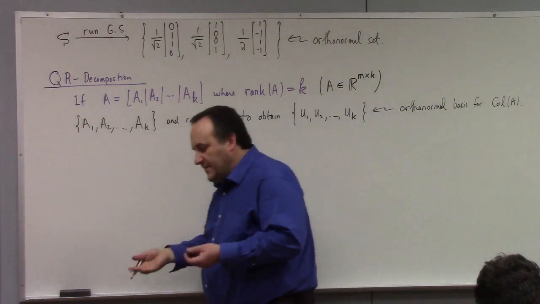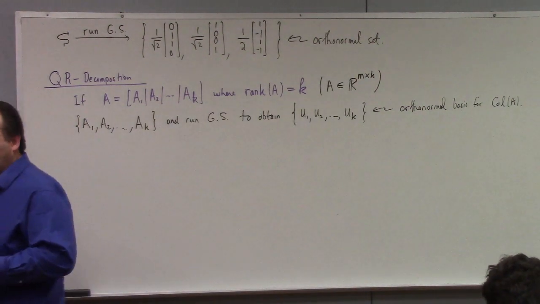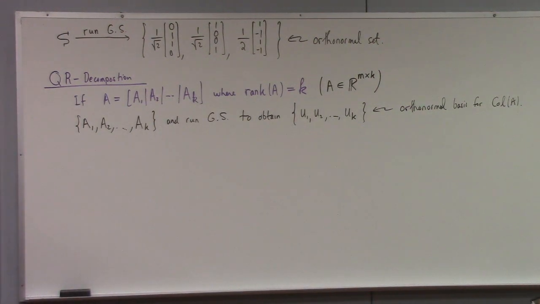All right, the column space of A, it's the span of the columns of A, right? So you can run Gram-Schmidt on the set of column vectors, if they're linearly independent, and we can do more than that though. How does Gram-Schmidt work? The standard algorithm, what does it do for us?